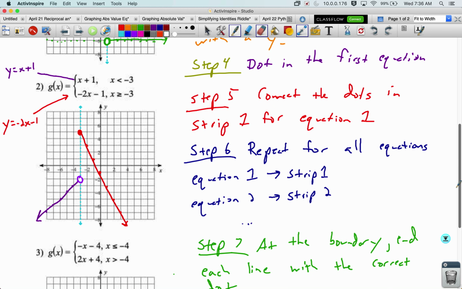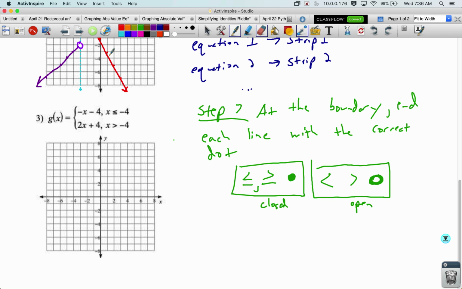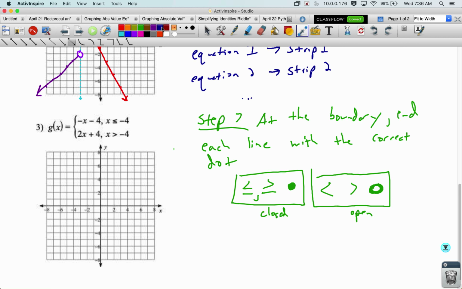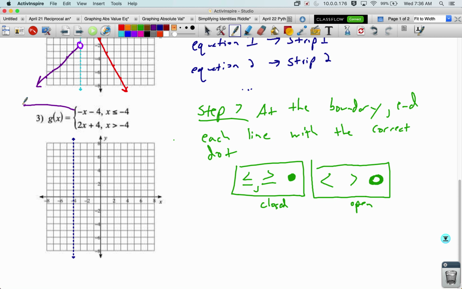All right, last one. What's our boundary? -4. Vertical dotted line at -4. Take the top equation, write it with a y equals. So it's going to be y equals -x minus 4.